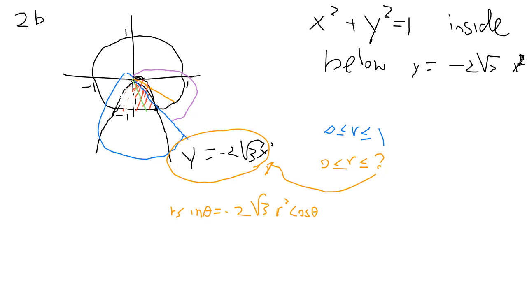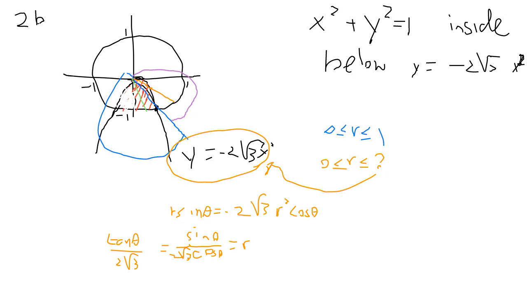So we can divide by r, and then we need to divide by cos theta, so we have sine theta over cos theta, and we also need to divide by 2 root 3, and this is equal to r, right? And that sine over cos is the tangent, so we have tangent theta over 2 root 3.